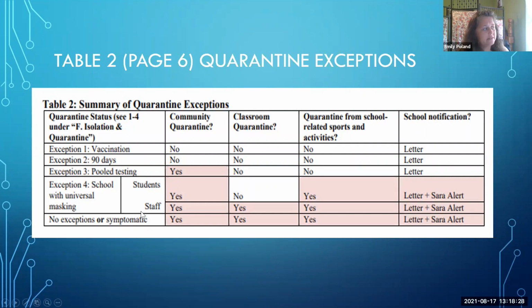If that's the case, and that person is identified as a close contact from that classroom exposure, they do not have to quarantine from school day activity. So they don't have to quarantine from their education. They can do everything from the beginning of the school day until the last school bell rings at the end of the day. Anything that happens within that time, they can participate fully.